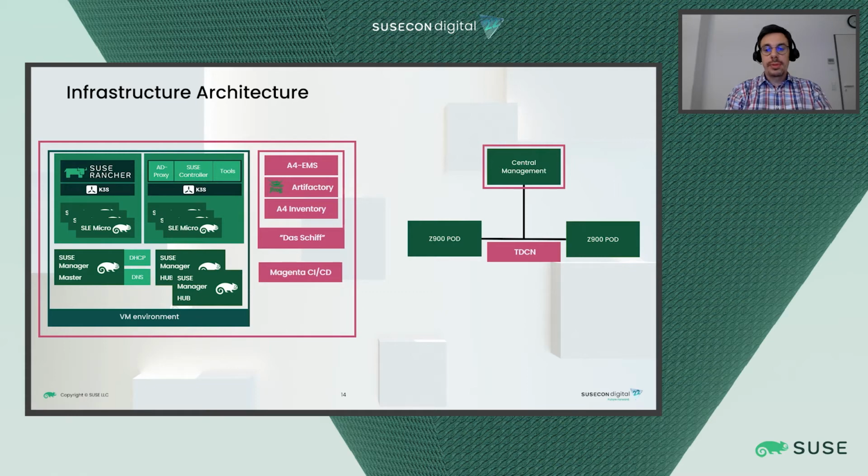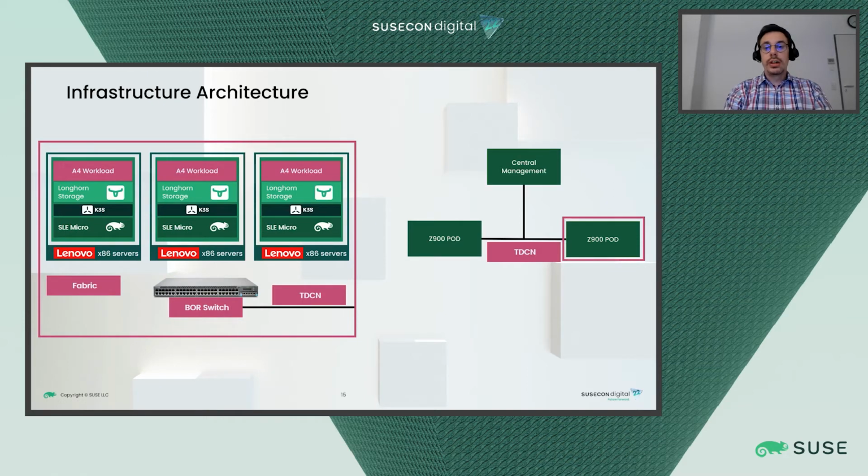Since we are in an air-gapped environment, the images for building the clusters are fetched from the factory. Like the inventory and EMS, this runs on a central Telekom Kubernetes instance called Das Schiff. The source code for the components is maintained in a GitHub called Magenta CI/CD.